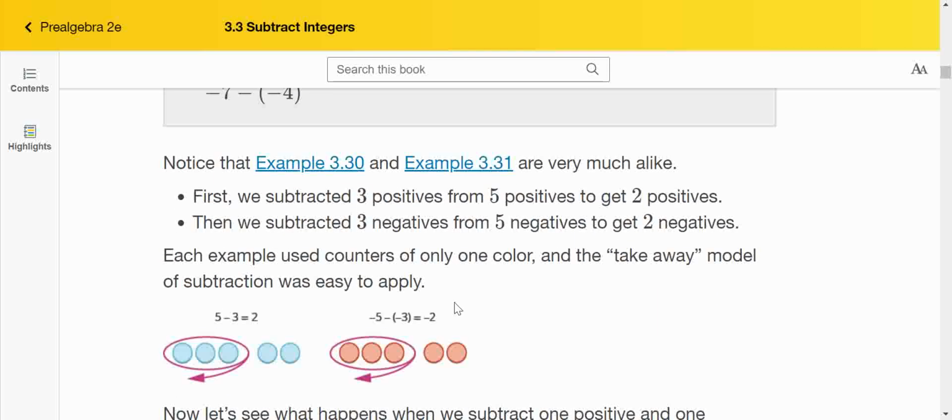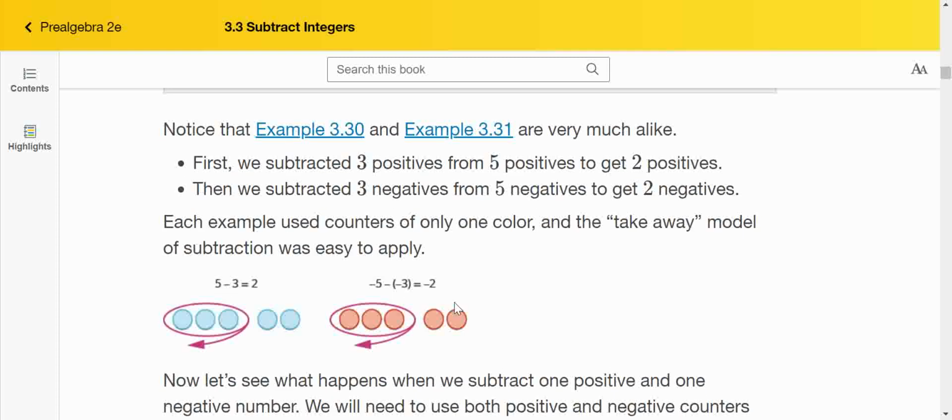Notice that example 3.30 and example 3.31 are very much alike. First, we subtracted 3 positives from 5 positives to get 2 positives. Then we subtracted 3 negatives from 5 negatives to get 2 negatives.